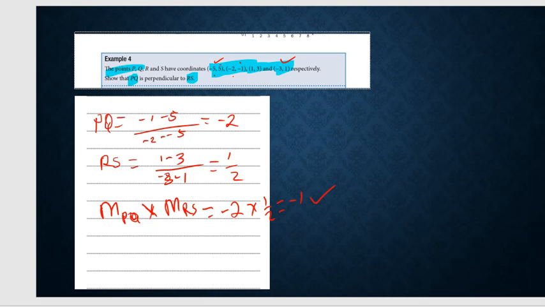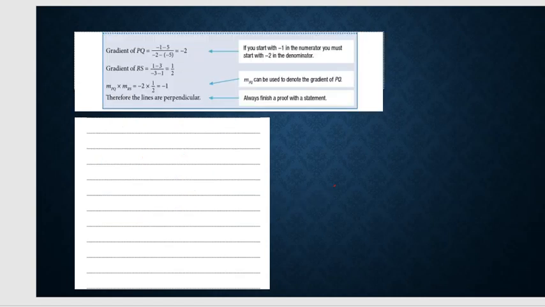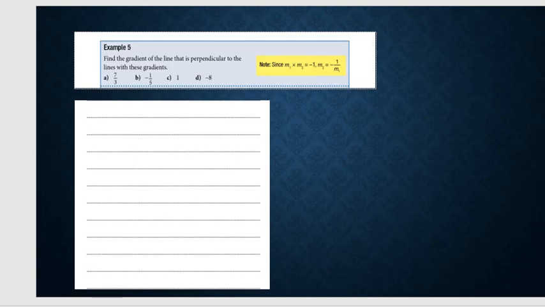So look at the next example, example number 5. You can see the solution to the previous question: it is a perpendicular line. Let's quickly look at example number 5. Find the gradient of the line that is perpendicular to the line with the given gradient.